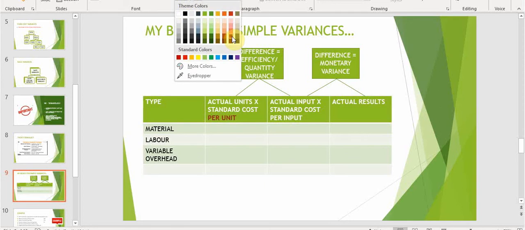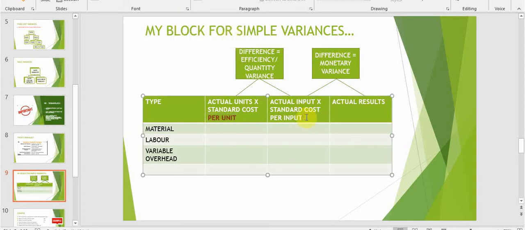I'm just going to highlight it in maroon. Then in the third column, you're going to take your actual input times your standard price per input. Again, I'm just going to make that maroon. And then in your final column, you're going to have the actual results that you will list.